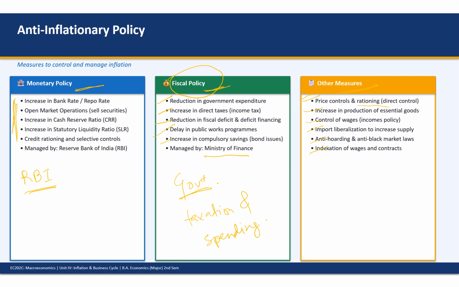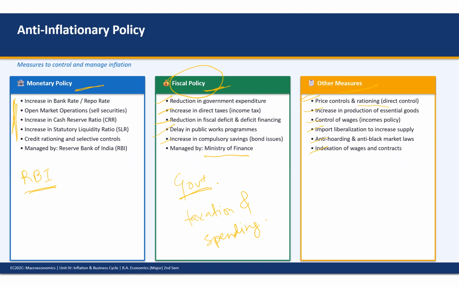All these measures are useful when inflation is caused by supply, or hoarding, or sudden price spikes. For example, if food prices rise because of shortage, increasing supply and stopping hoarding can be more effective than only tightening money.